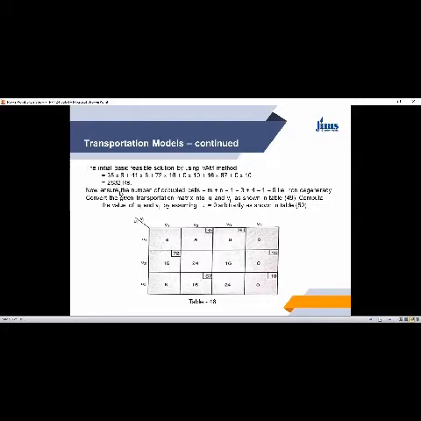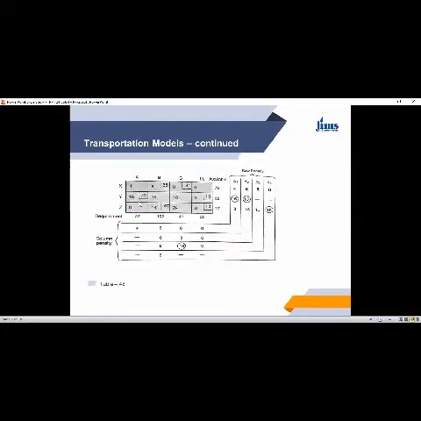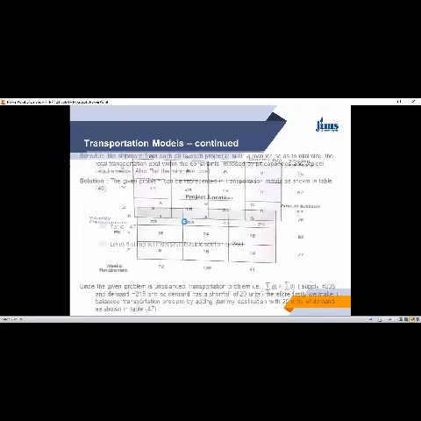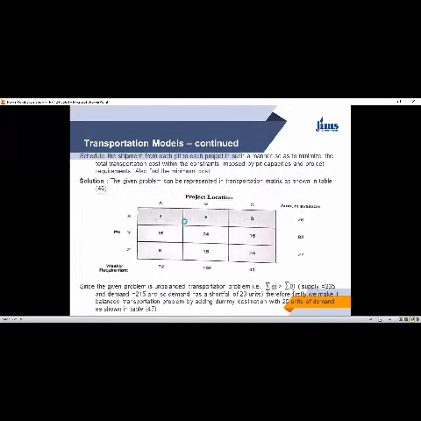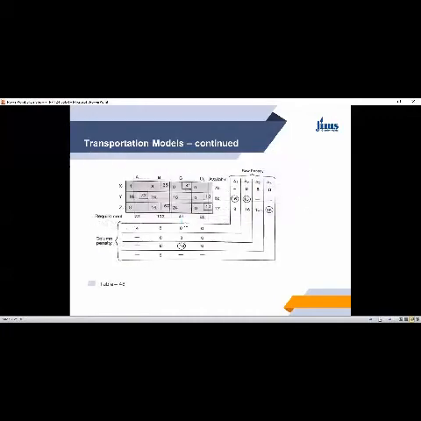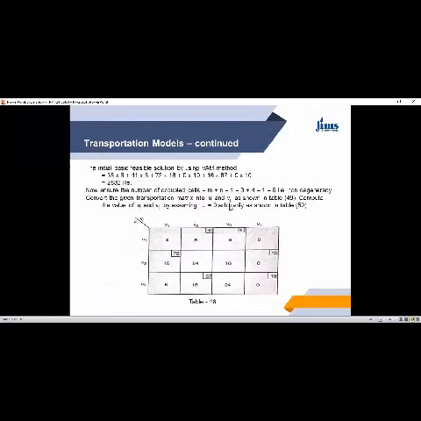So the number of occupied cells is here equal to 1, 2, 3, 4, 5 and 6. There are 3 rows and 4 columns now, including the dummy. Dummy is considered as good as any other column. So m plus n minus 1, number of rows plus number of columns minus 1, is equal to 6, and 6 allocations are already there.